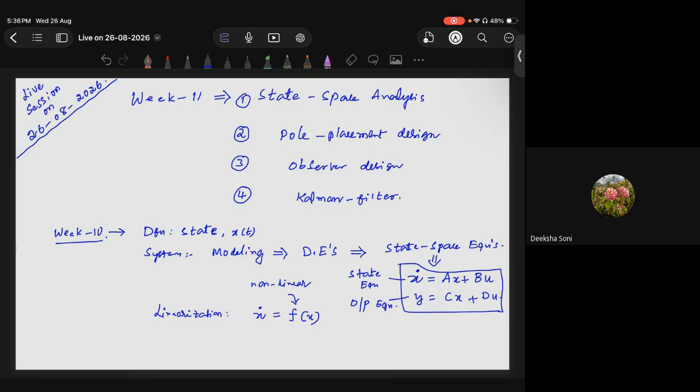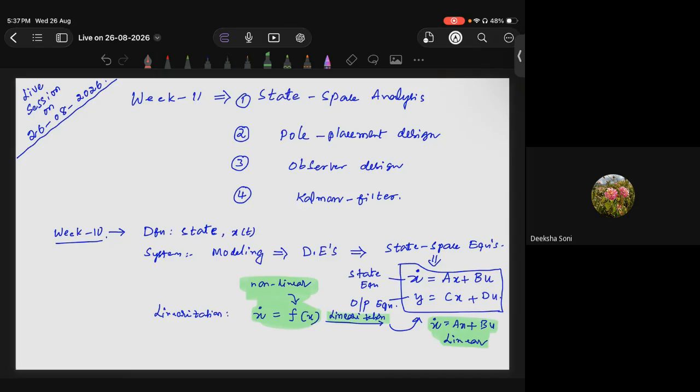In that case we perform linearization, which converts our system to the model x dot is equal to ax plus bu, the linear form of the equation.